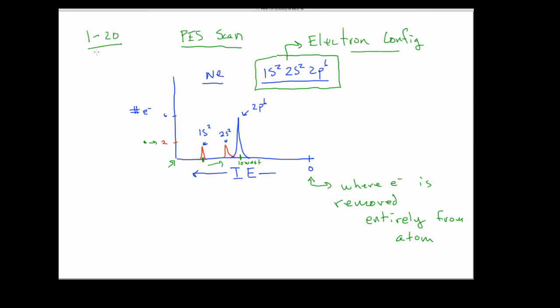I emphasize from 1 to 20 again because once we get past calcium, we're going to see that there are going to be some changes in how we have to think about the electron configuration of period 4 elements. But what I wanted to do in this particular presentation was open the door to understanding how the PES works. And in the next presentation, what we're going to do is practice looking at some scans of elements that are between 1 and 20.